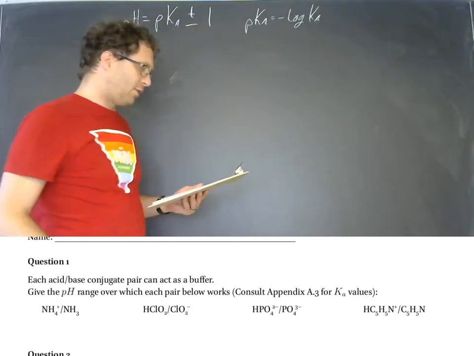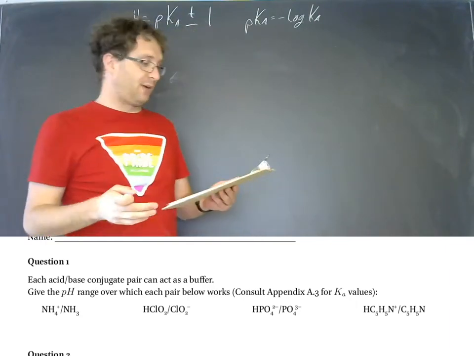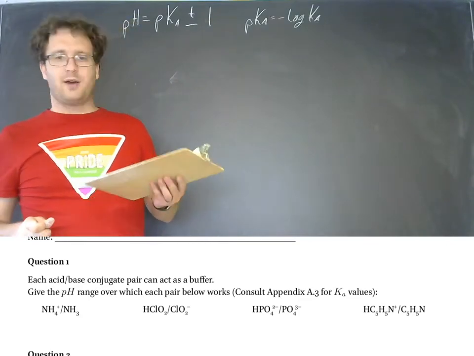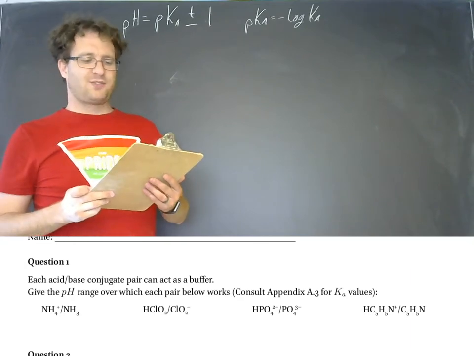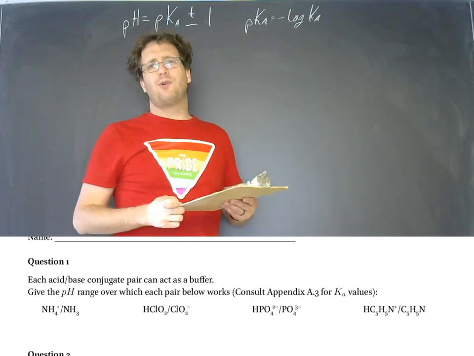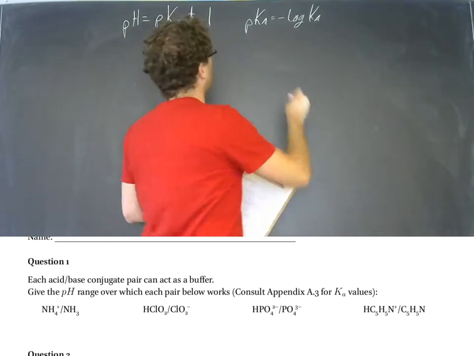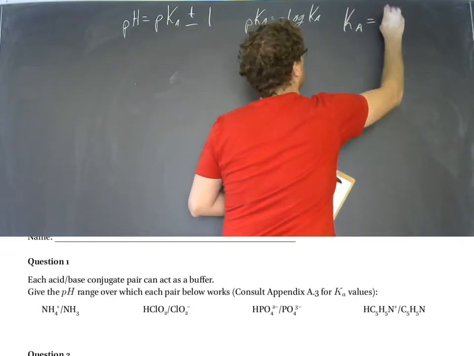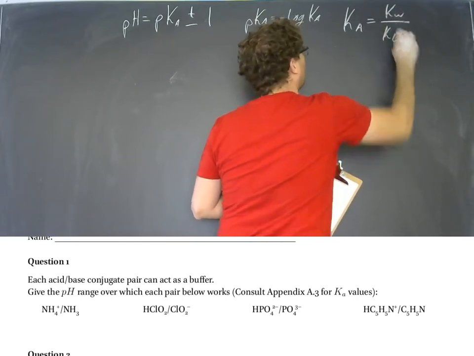And we can go to appendix A.3 for Ka values for most of these, but I want to point out the first one here, ammonium ion and ammonia, and this last one, HC5H5N+ and C5H5N. Both of those are nitrogen-based bases, and so in that case, Ka is equal to Kw divided by the listed Kb value.